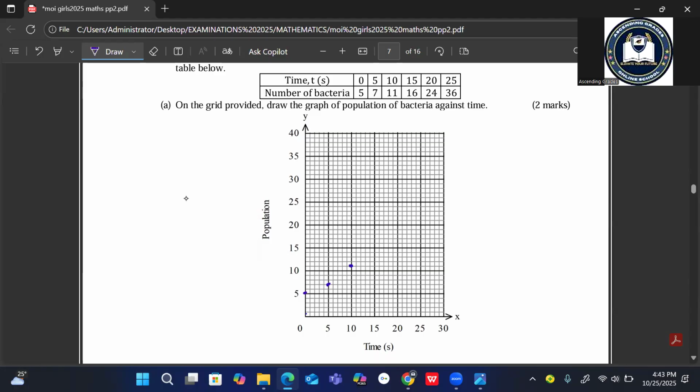Then we have 15, 16 there. And then we have 20, 24 here. Then 25, 36 is here. So we simply draw the graph.